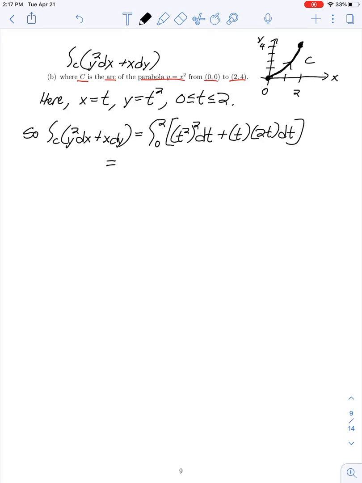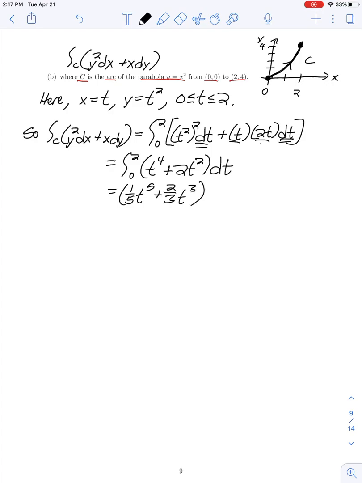So simplifying this, we have the integral from 0 to 2 of t squared squared, which would be t to the 4th, plus t times 2t gives us 2t squared, all times dt. That common differential I can factor out. So now we just have an integral with respect to t, so we find our antiderivative, which is 1/5 t to the 5th, plus 2/3 t cubed from 0 to 2.